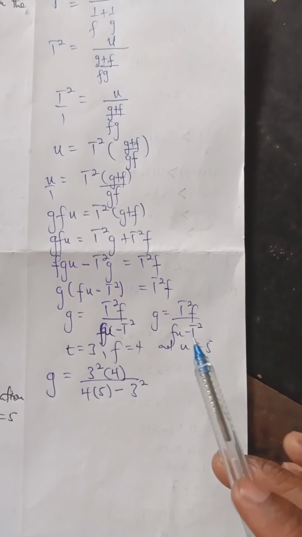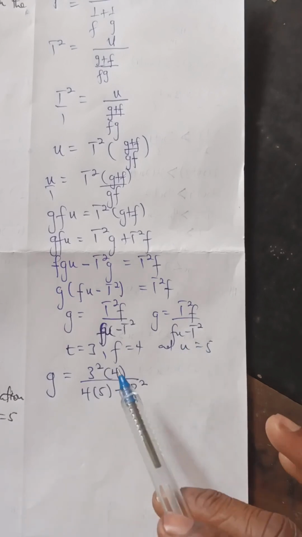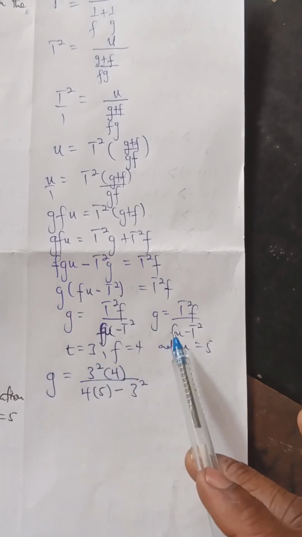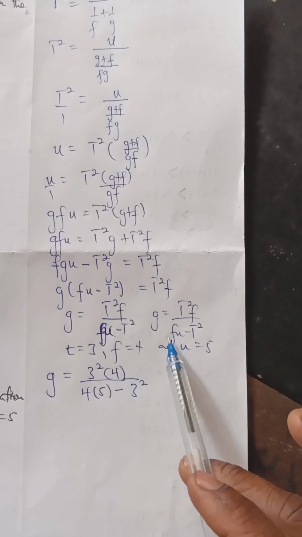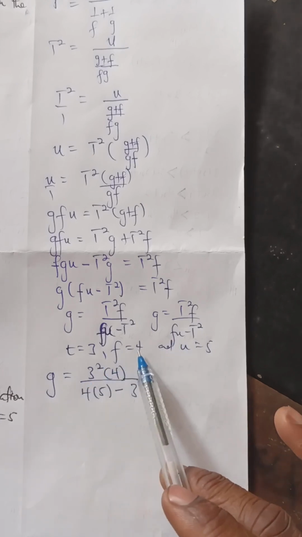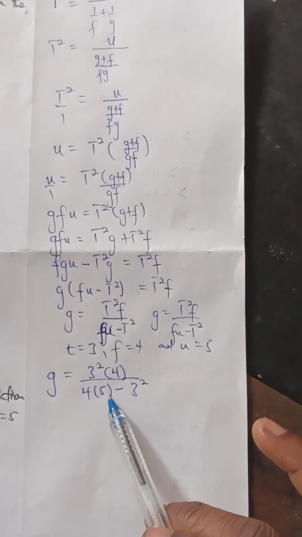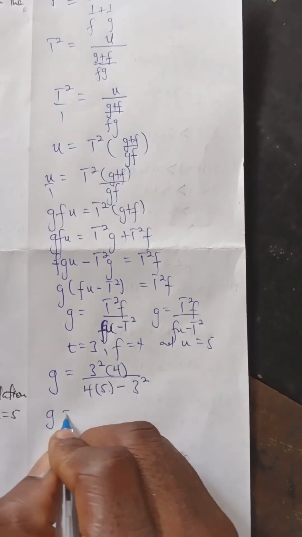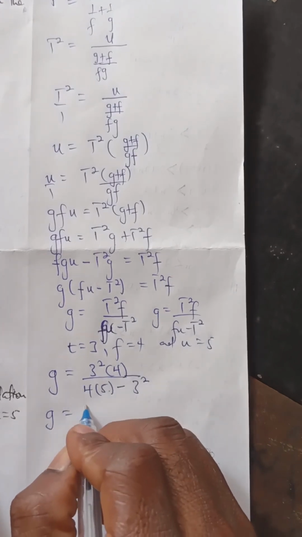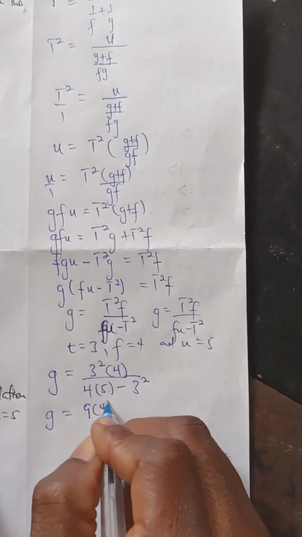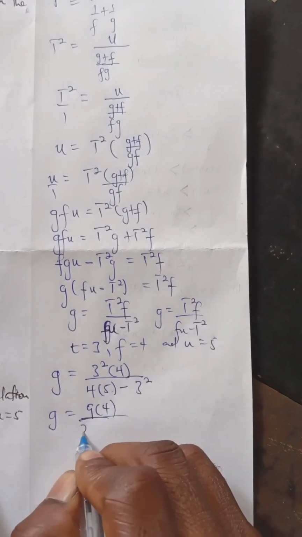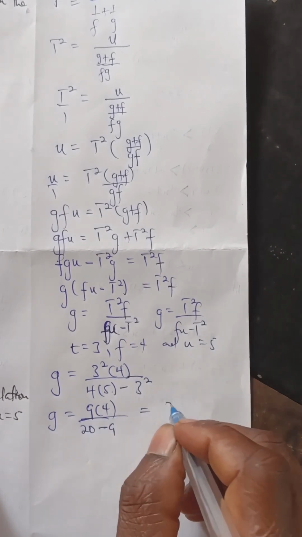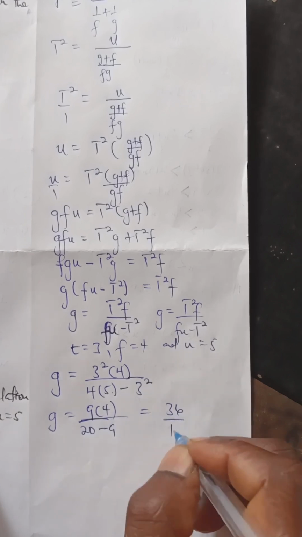Here, F is 4, U is 5, and T is 3. So G is equal to 9 times 4 over 20 minus 9, which is equal to 36 over 11.